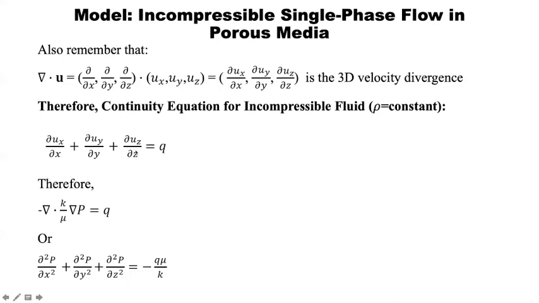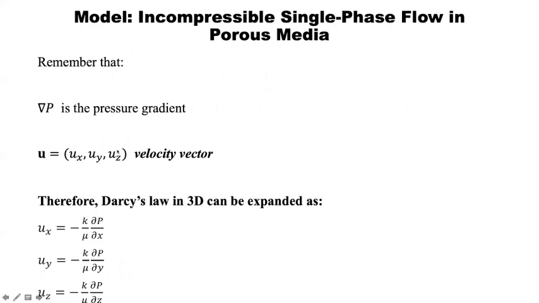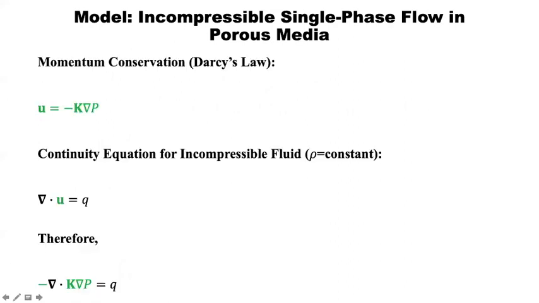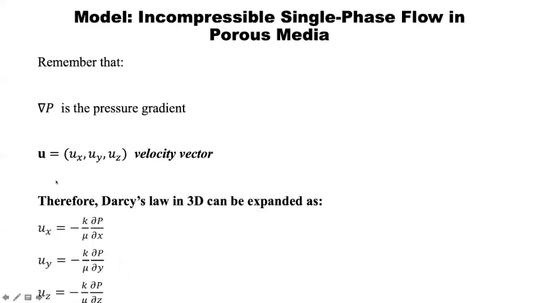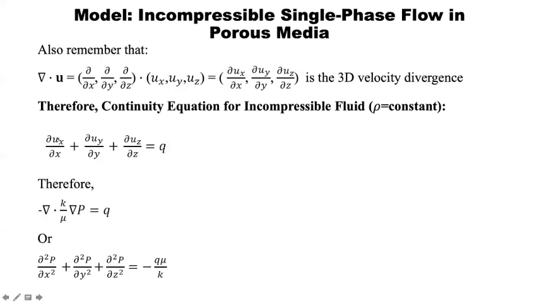Then when we substitute this in the continuity equation, which is this one, right? When we expand it, it will be written like this, in 3D. If we simplify our model to 2D, then we will drop one component.